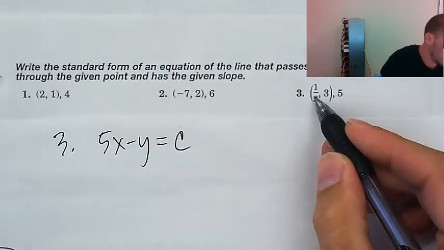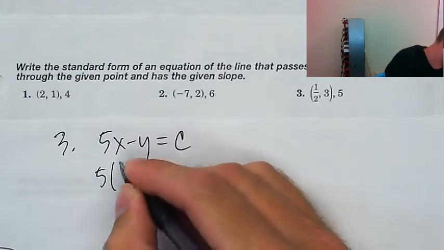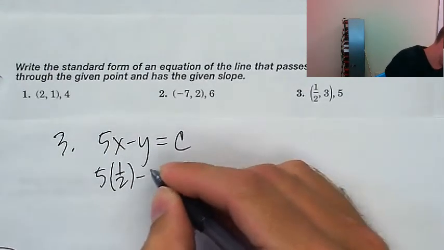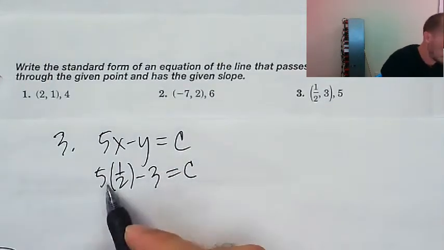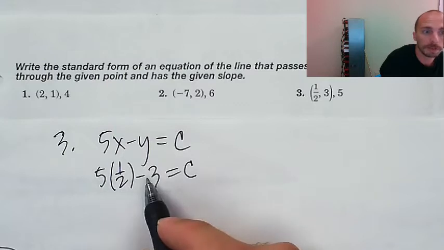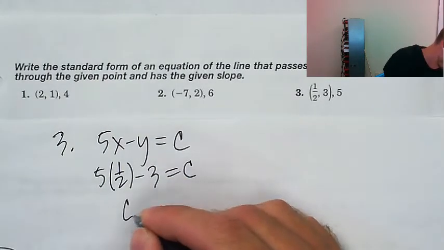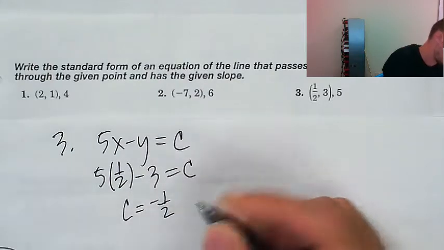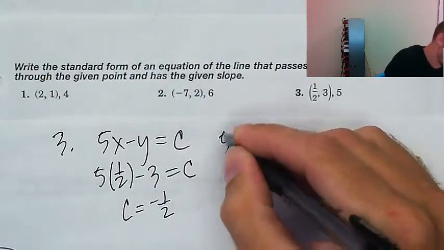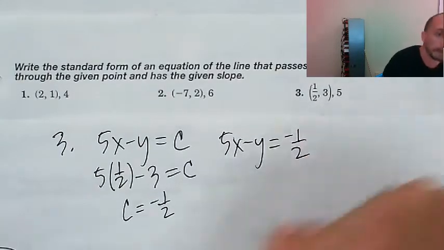And then I'm going to use x equals 1/2 and y equals 3. So 5 times 1/2 minus 3 equals c. So 5/2, that's like 2.5. 2.5 minus 3, that's -1/2. So that would be 5x minus y equals -1/2.